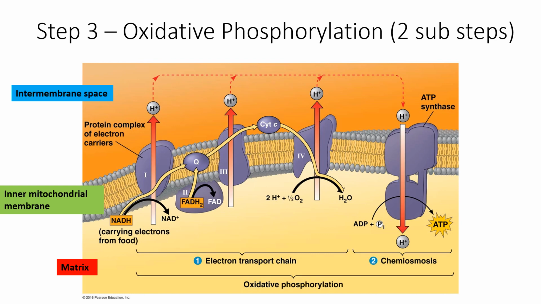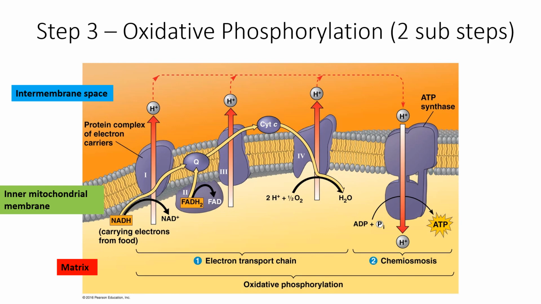What we see is that these molecules that we want to focus on, which are proteins and an enzyme, are embedded in the inner mitochondrial membrane, which I've labeled in green. This is very important to make note of.